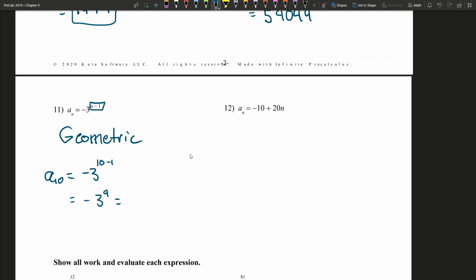Three to the 9th is 19,683, and then there's that negative out front. You should know that if you want to take the negative to the exponent, this would have to be in parentheses, but it is not. So it just stays outside.